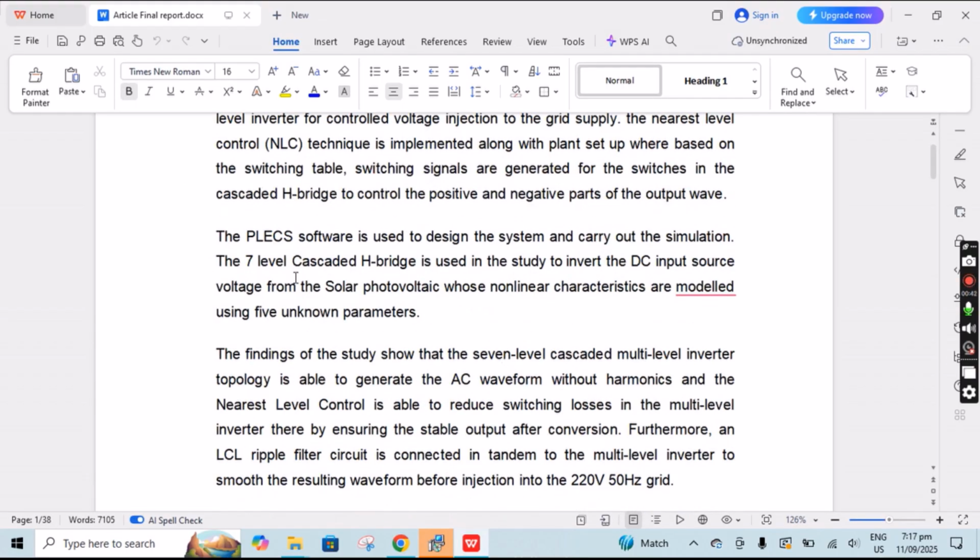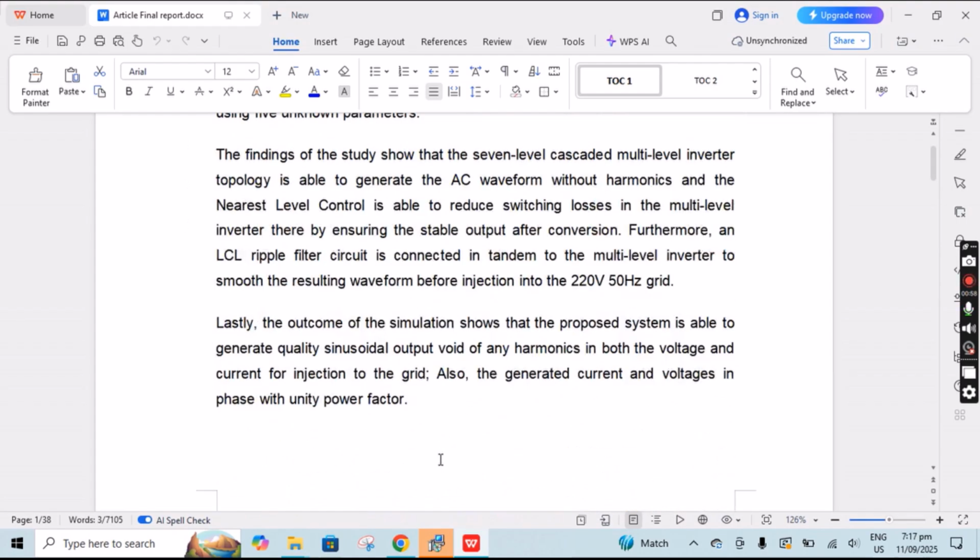I have used a 7-level cascaded H-bridge, which is fed by the DC input source voltage from the solar panel, whose nonlinear characteristics are modeled using 5 unknown parameters. The system output side is 220 volts at 50 hertz frequency.